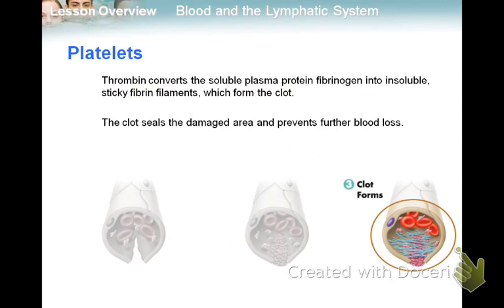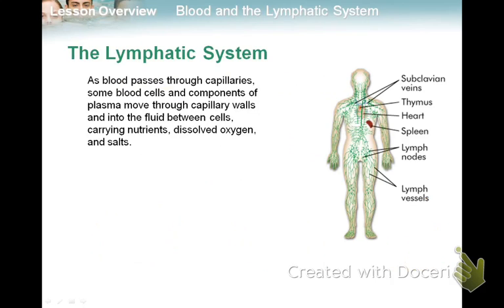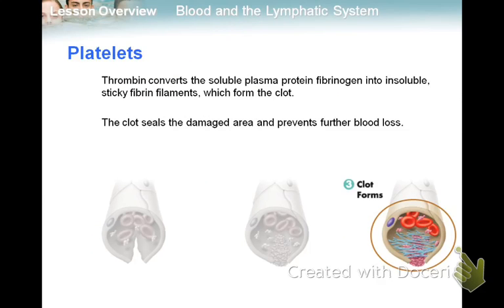Next step is that thrombin, through the process of another conversion, converts the soluble plasma protein fibrinogen into fibrin filaments, which actually form the clot.